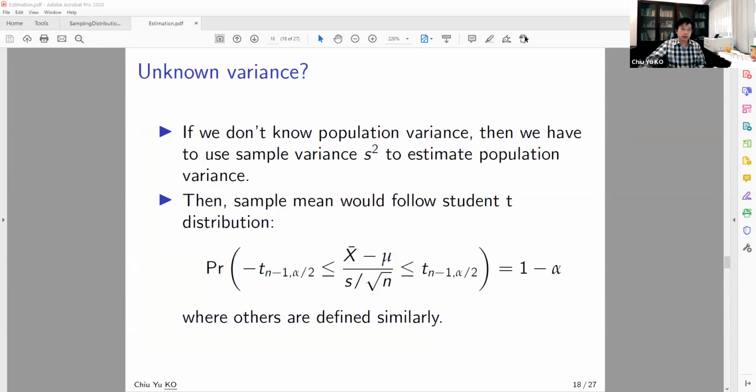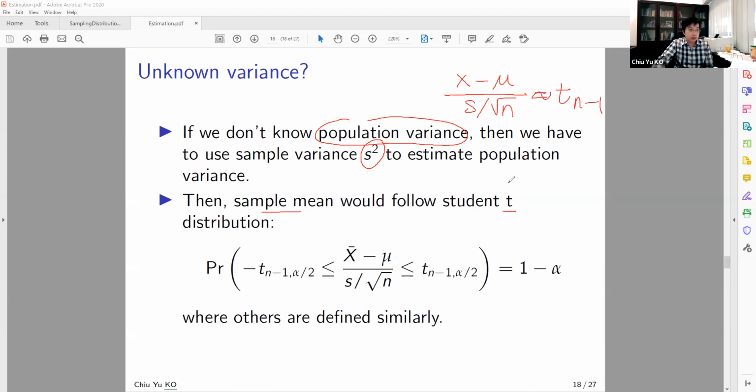Suppose we don't know the population variance, so we use S. The sample mean we learned last class, (X bar minus mu) over S over root n, follows a t distribution with n minus 1 degrees of freedom.